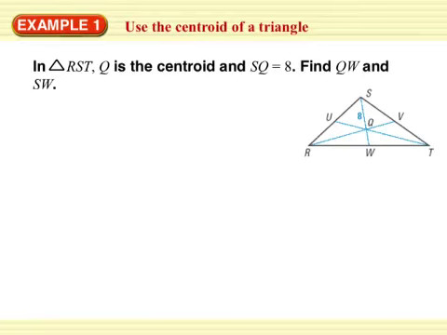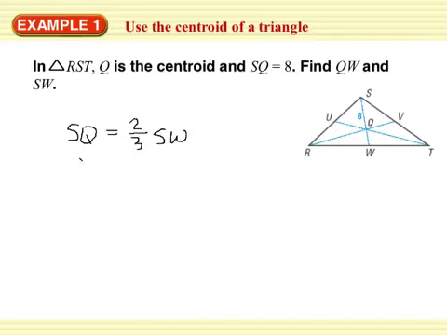All right, in triangle RST, Q is the centroid, and SQ equals 8. Find QW and SW. We know that SQ is 2/3 of SW.